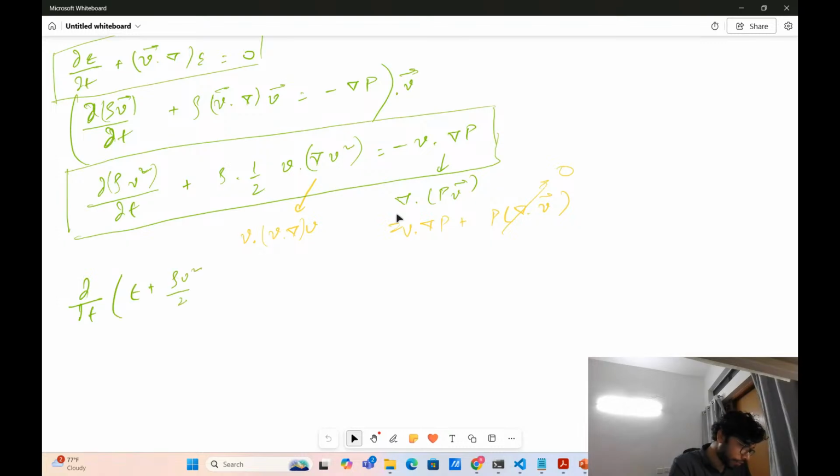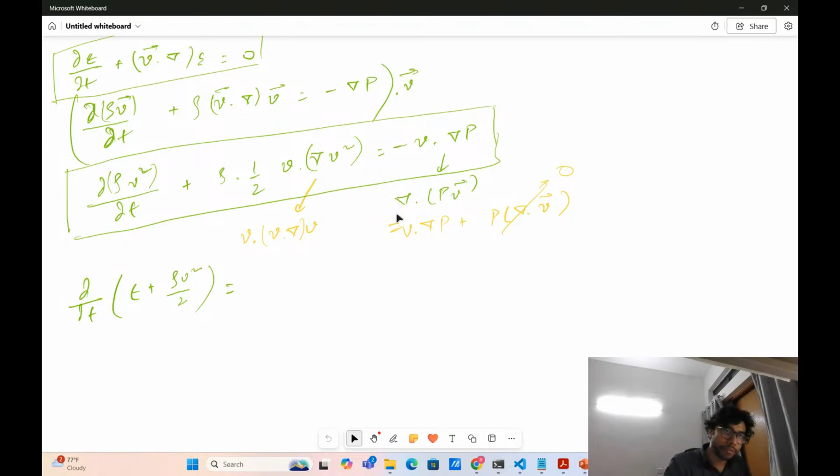This is just a half factor, because this will have the physical significance of a kinetic energy, right? So half rho V square is the kinetic energy. I will explain the physical significance of the terms later on, but let me just write it down.